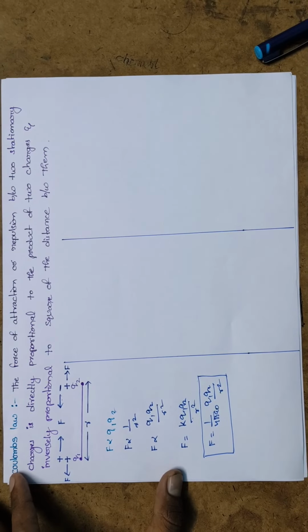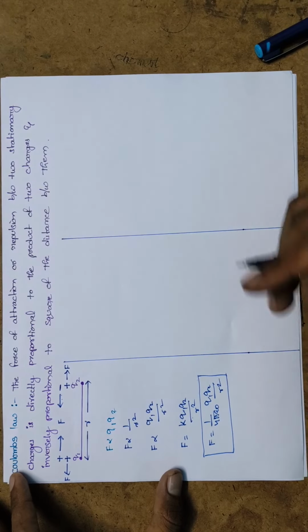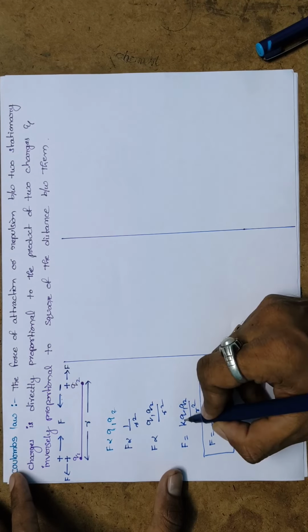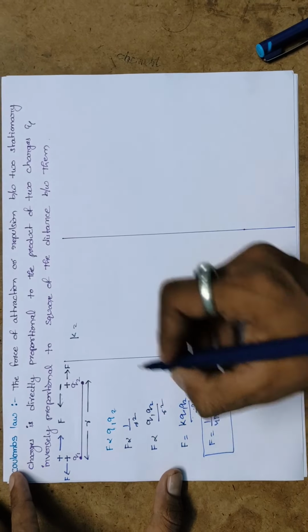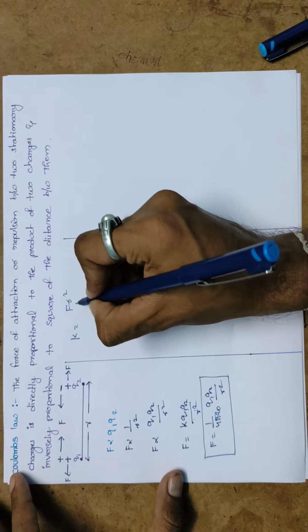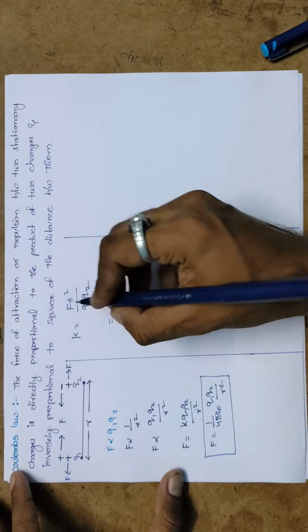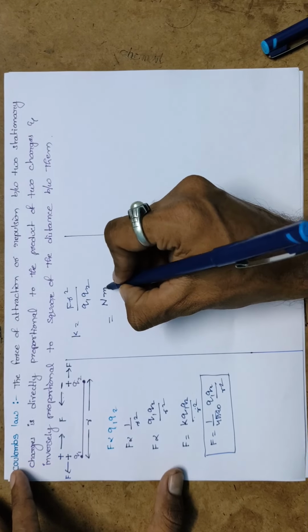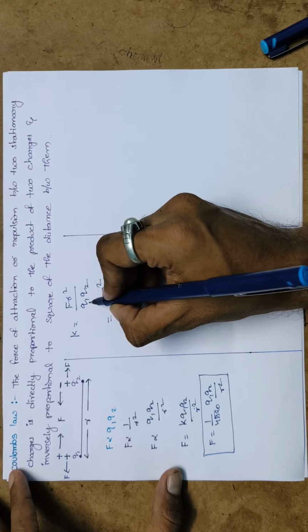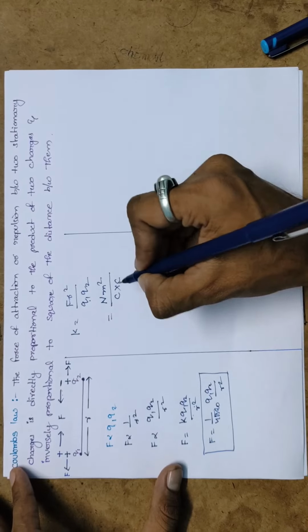After that, I am going to find out the k value as well as the epsilon naught value. Let us see. Taking k to the left side, k is equal to F r square by Q1 Q2. The SI unit of force is Newton, the SI unit of distance is meter squared, divided by the SI unit of charge, Coulomb, into another charge, Coulomb.